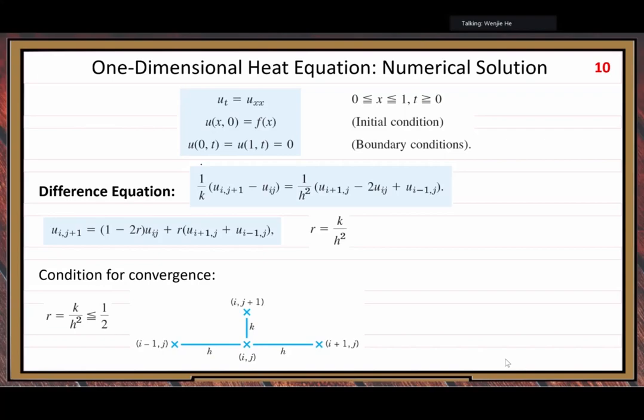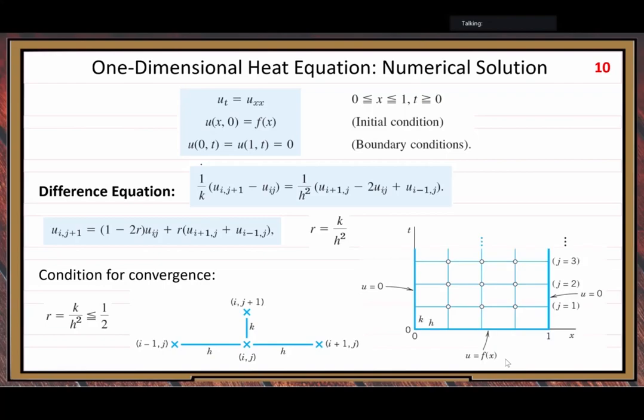Our goal is to find the little u values for all subscripts i and j. You arrange all these little u values on the grid in the domain. So here, let's draw that domain, with the t-axis and x-axis.